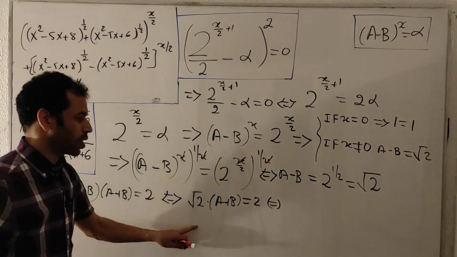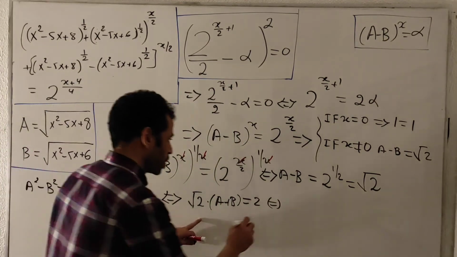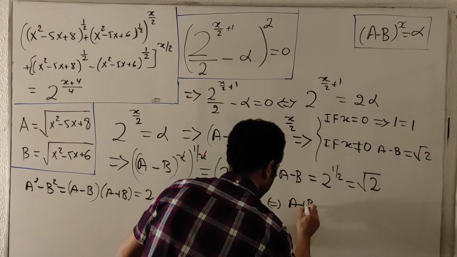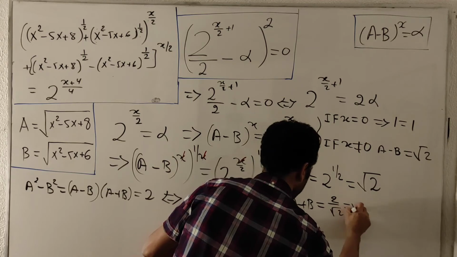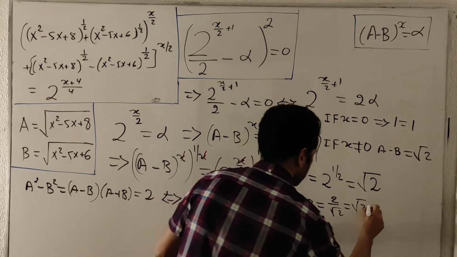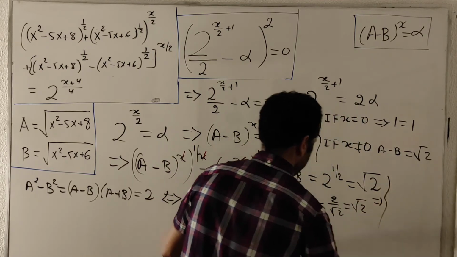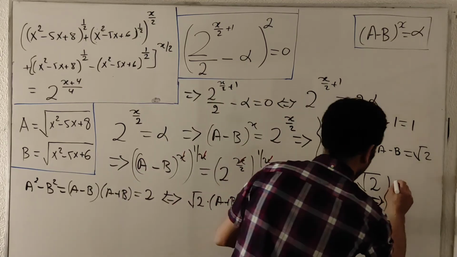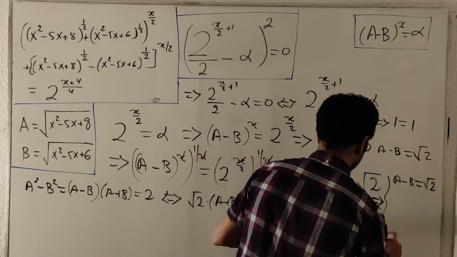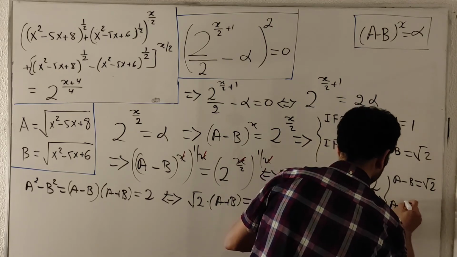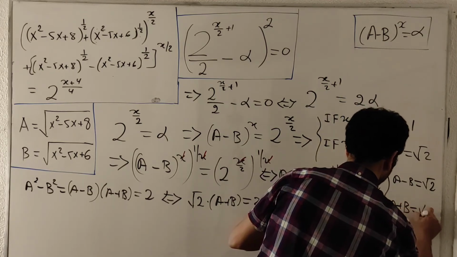By dividing both sides by square root of 2, I will get a plus b equals 2 over square root of 2, which equals square root of 2. So here I found two facts. I found a minus b equals square root of 2. At the same time, I found a plus b equals square root of 2.